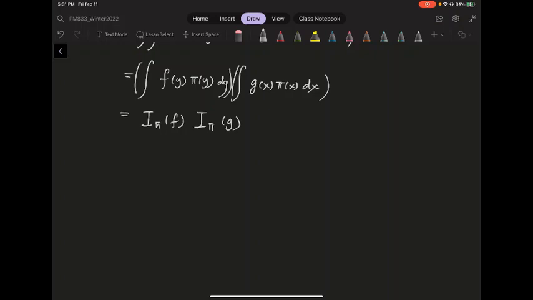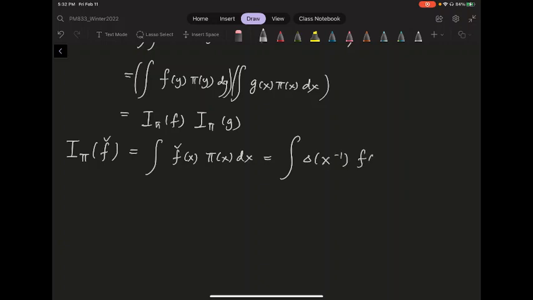Now let's consider the involution part. If I do I pi of the f check, which by definition is the integral of the f check, this operator valued integral, let me write down the f check. We're no longer abelian, so I do need this modular function, delta of x inverse. I have f of x inverse conjugate, and then I have pi x dx.